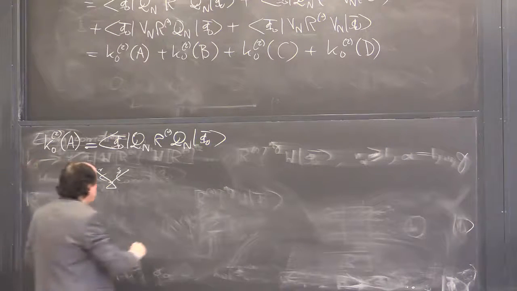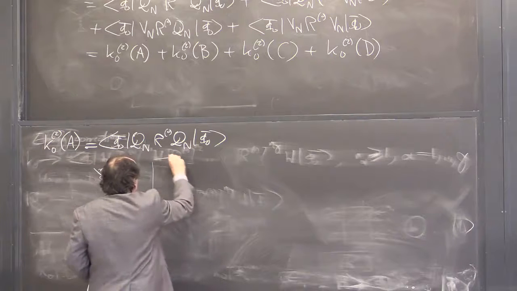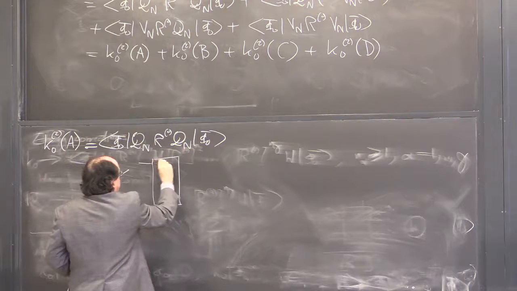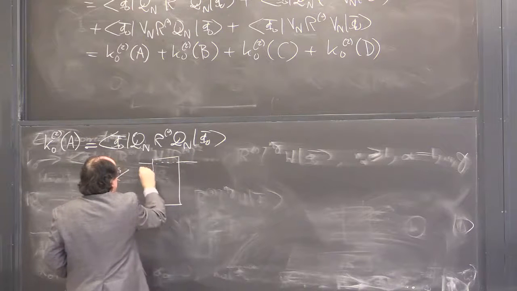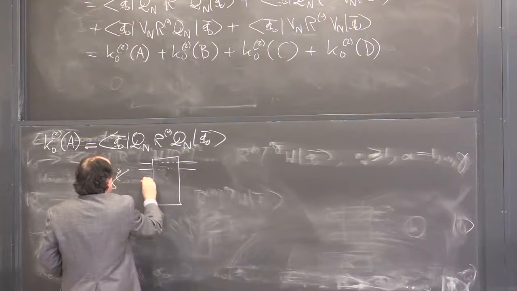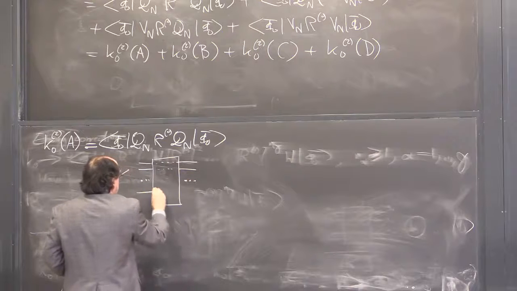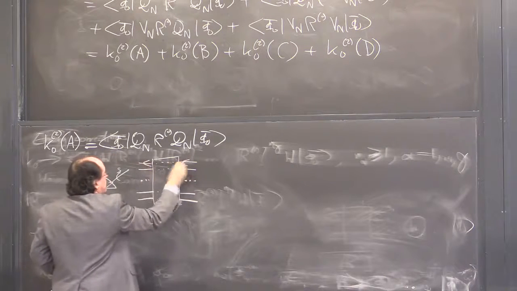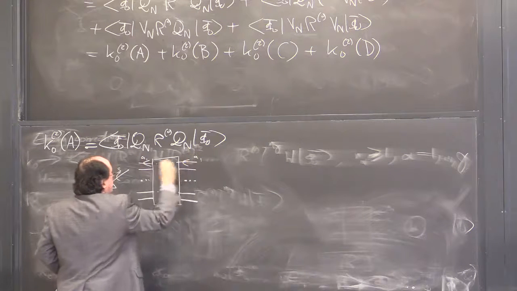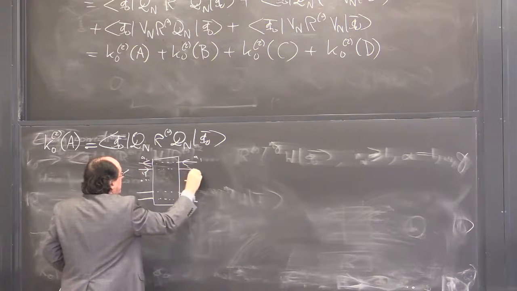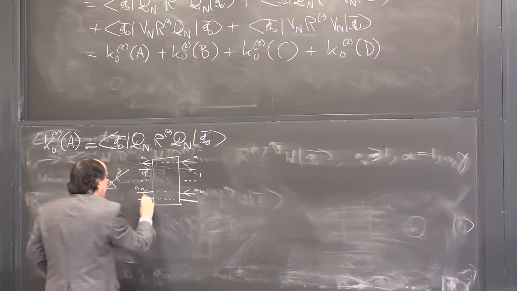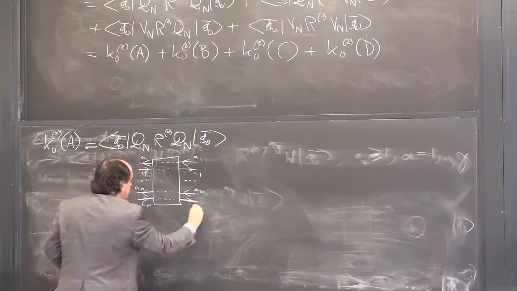For the resolvent, I'm going to use our representation with these lines passing through it. Okay, we have A1 here, A1 here, I1 here, I1 here, AN here, AN here, IN here, IN here.